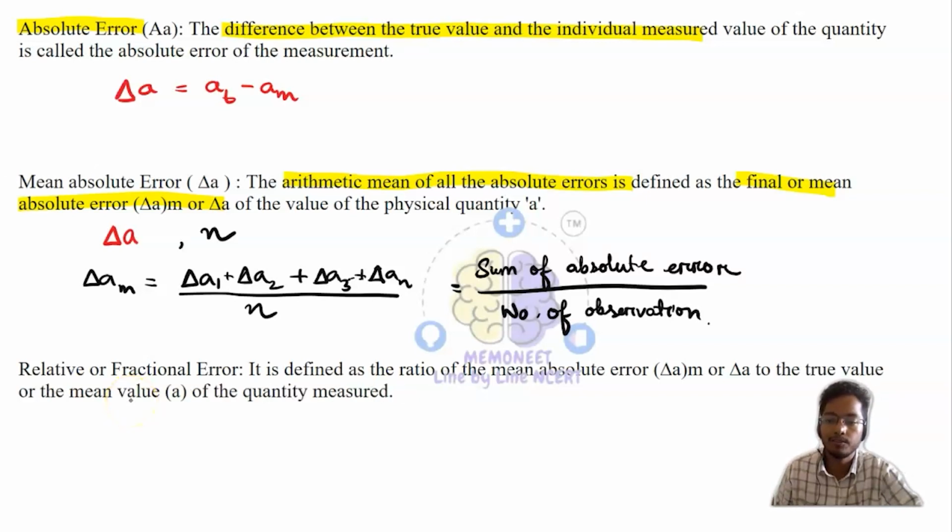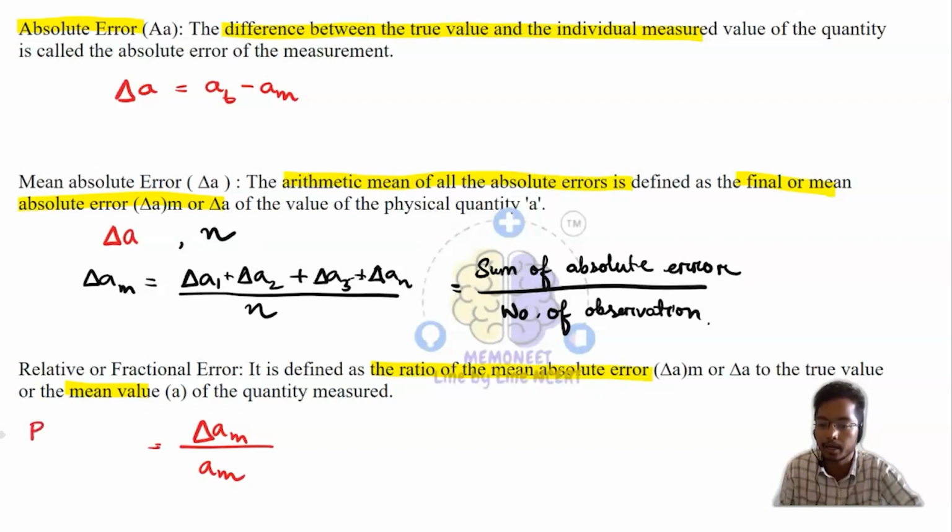Then the relative or fractional error. What do we mean by this? It is the ratio of the mean absolute error, ΔA_m, to the true value or the mean value, A_m.